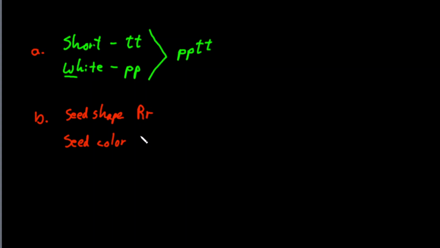Seed color, of course, is green and yellow, represented by G's. Again, one upper and one lower, because we were told that they were both heterozygous. When I put those together, again, I'm going to write them alphabetically. I'll have my heterozygous for seed color and also heterozygous for seed shape, Gg Rr. And that will be that.